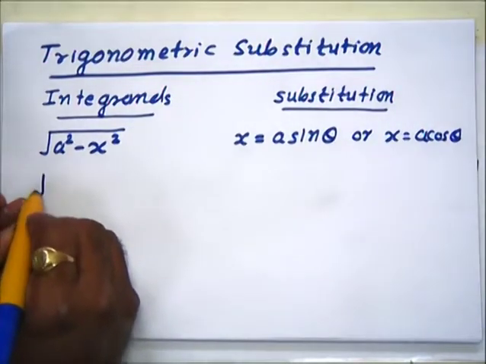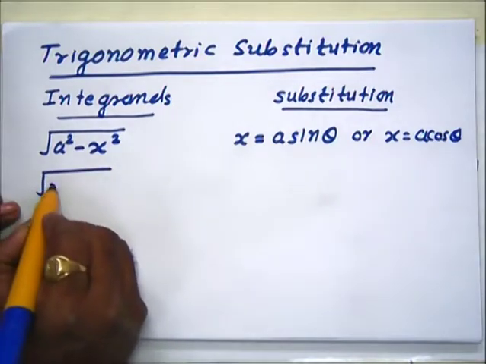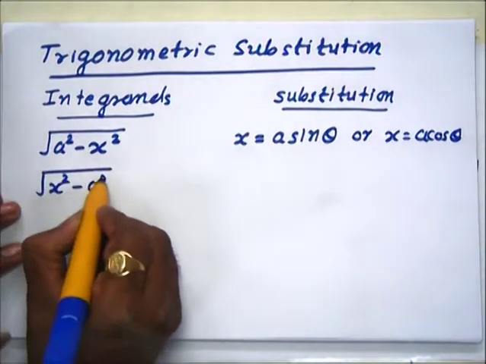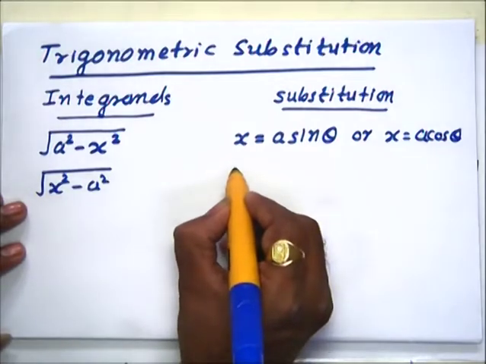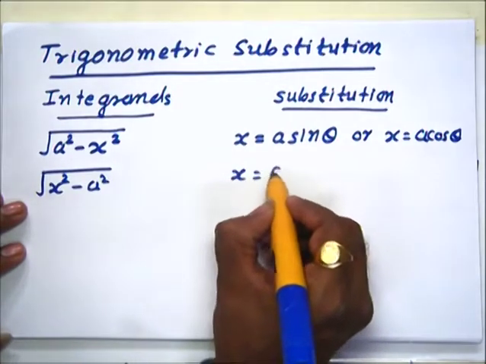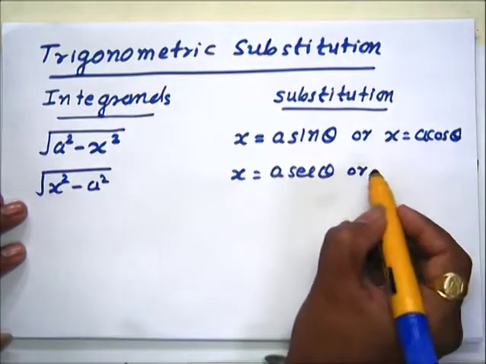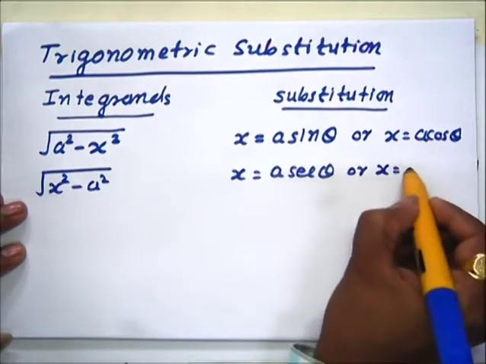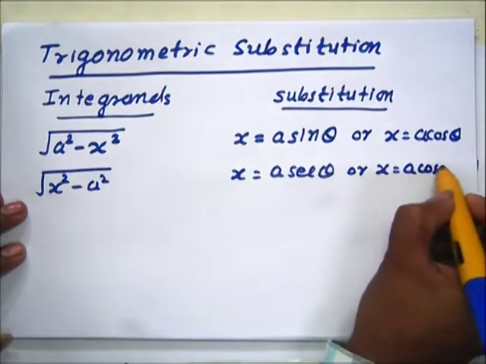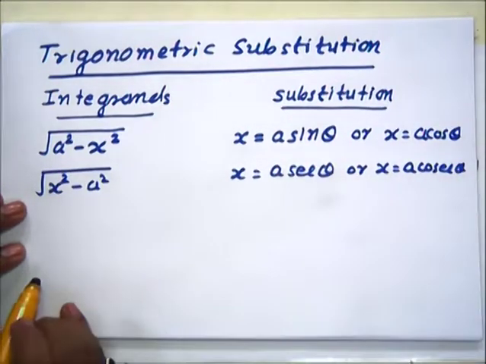If the integrand is of the form x square minus a square, then we will take the substitution x equal to a sec theta, or x equal to a cosec theta.